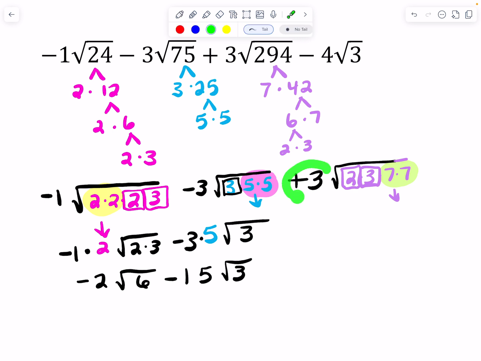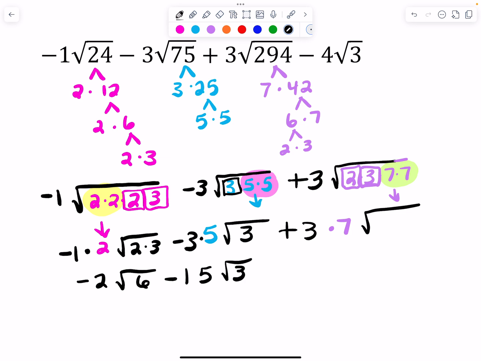So now we're going to bring this positive 3 down. And we've got a 7 coming out, and the square root of 2 times 3 staying underneath. So that's going to give us plus 21 square roots of 6.